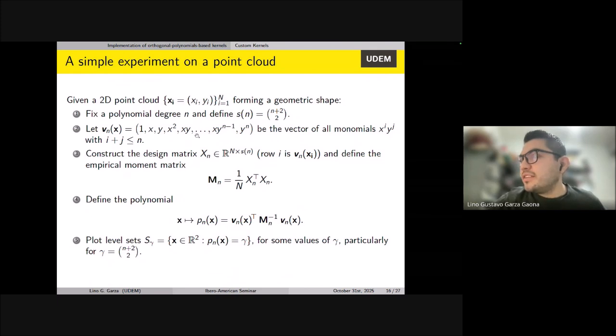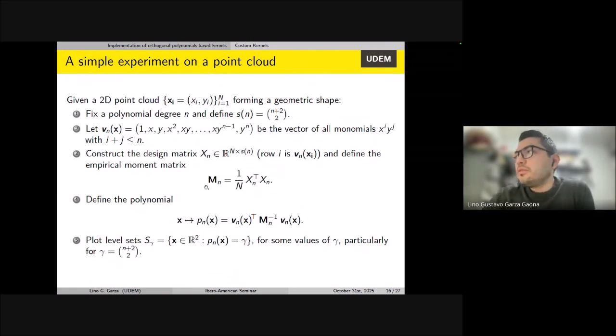So when you have to fix a polynomial degree and define this number, then you construct a vector where every entry is given in this way, the monomials in this form.